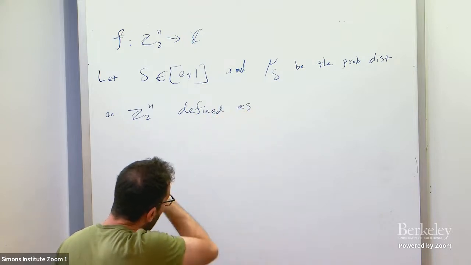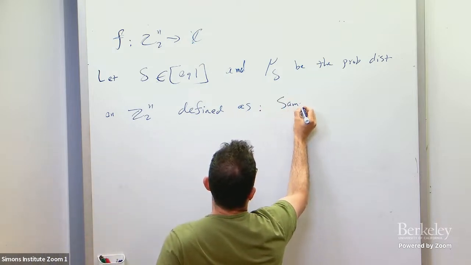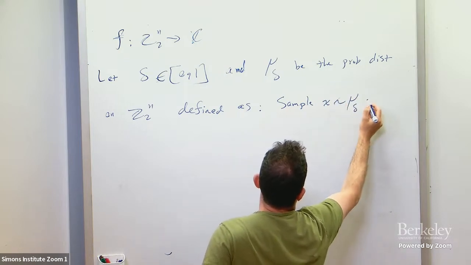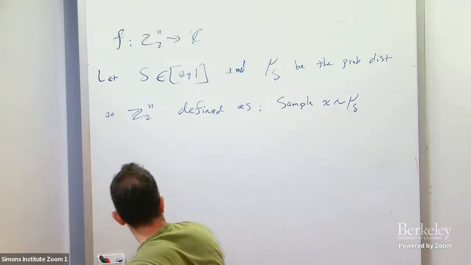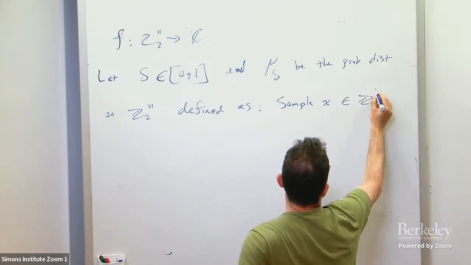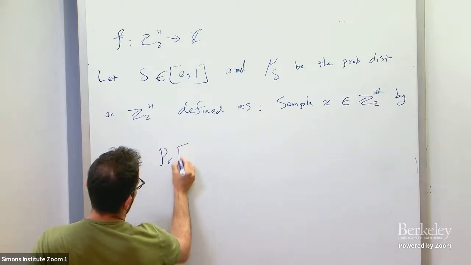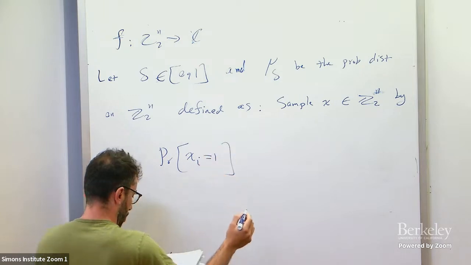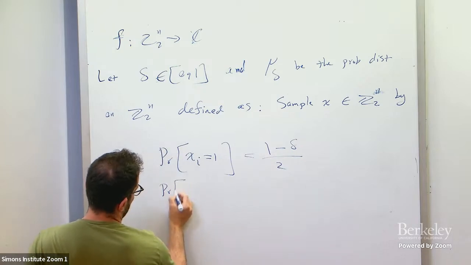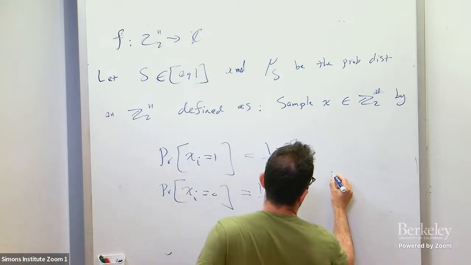I'm going to tell you how to sample according to mu delta. So the probability that x_i is 1 is set to be (1 minus delta) over 2, and the probability that x_i is 0 is going to be (1 plus delta) over 2, and this is independent.